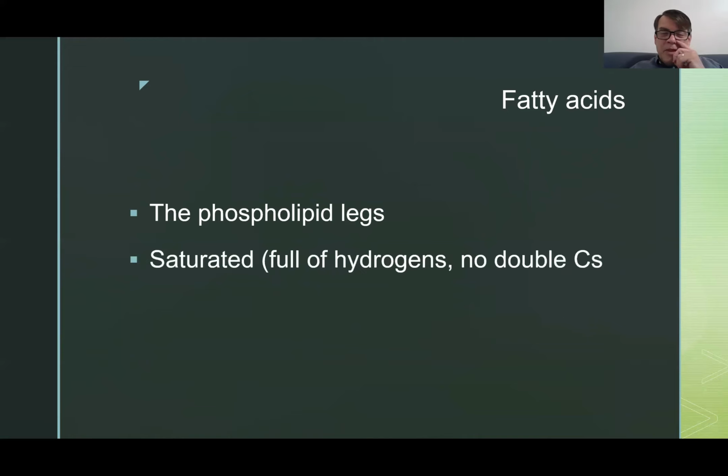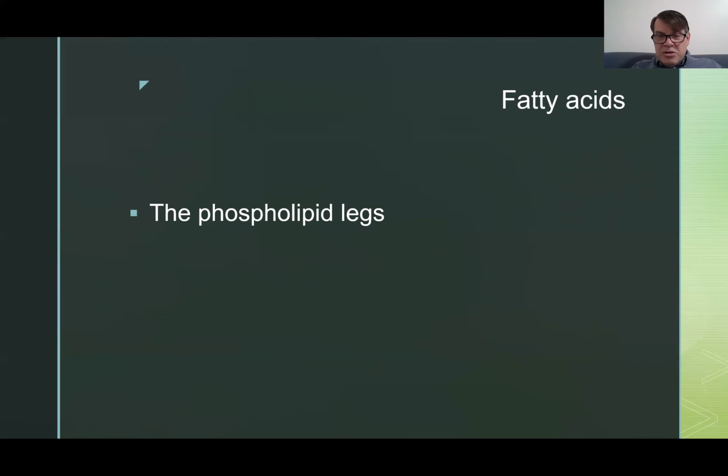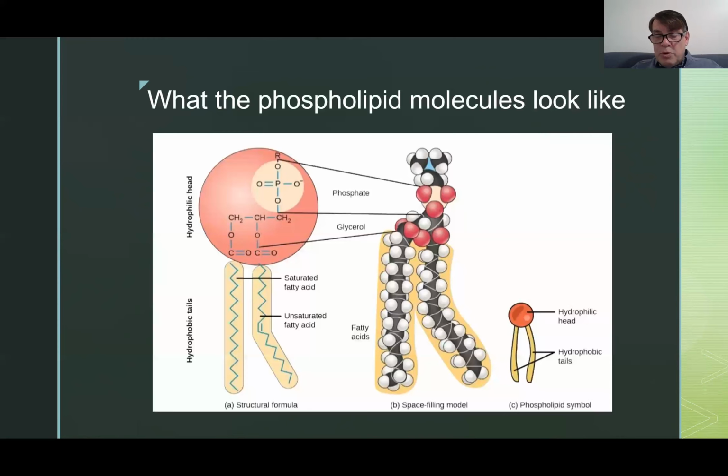Anyway, okay, so if they're straight, that means it's just straight hydrogens, no carbons with double bonds. And so from what I can tell from the reading, the saturated legs don't help as much in cold temperature.